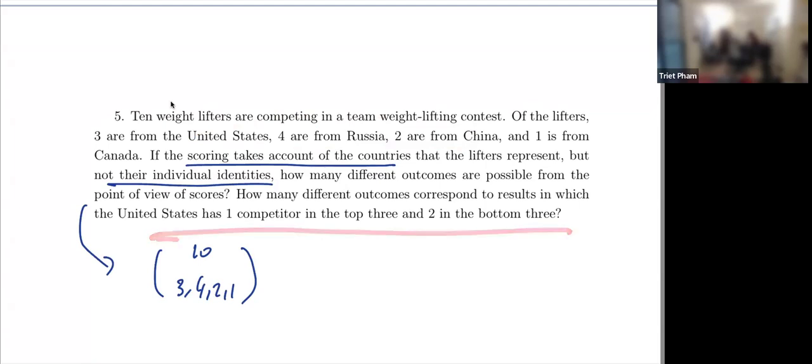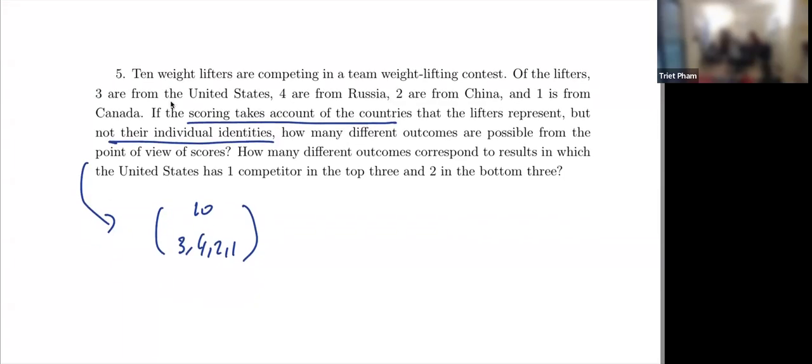What about the second one? For this one, you want one for the US in the top 3.